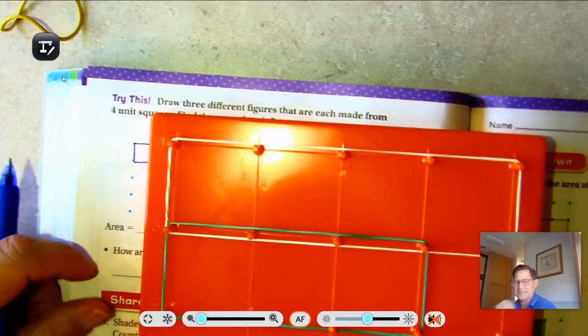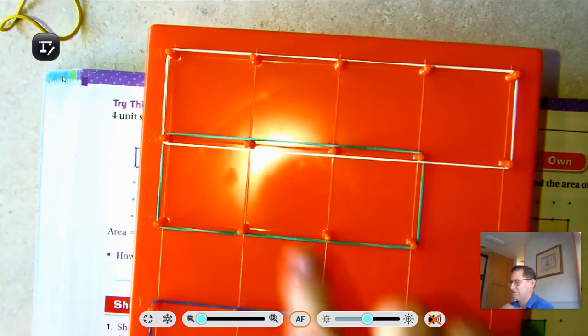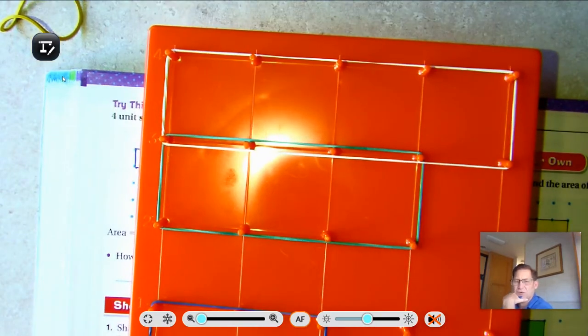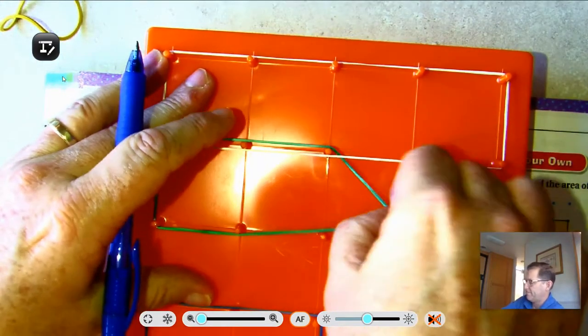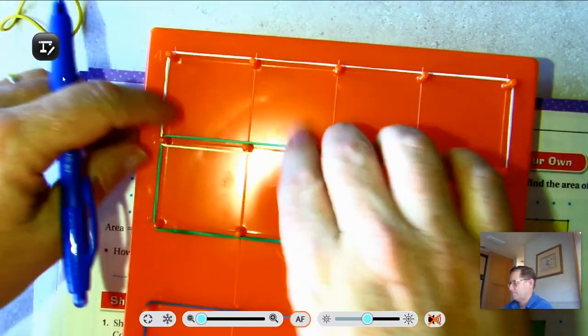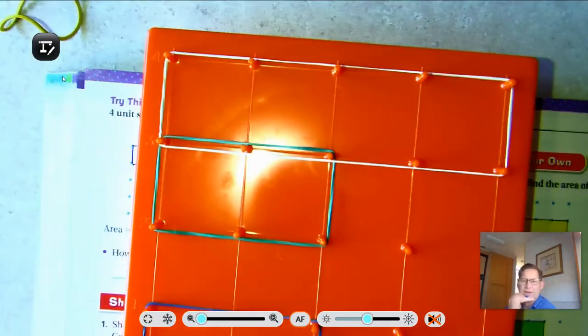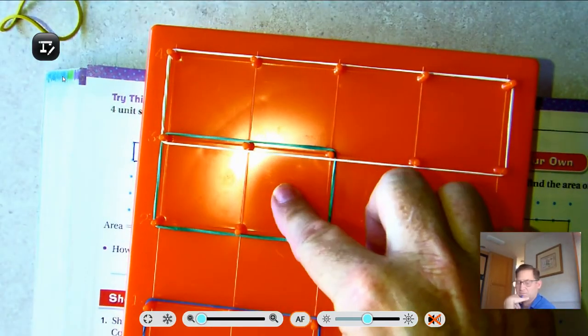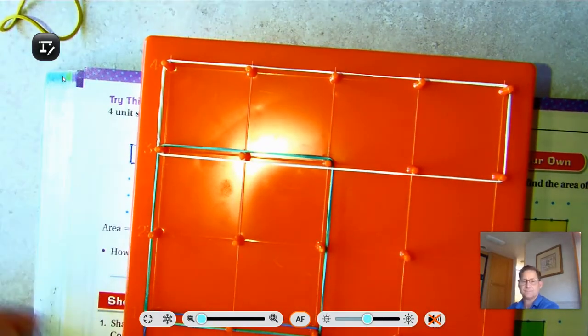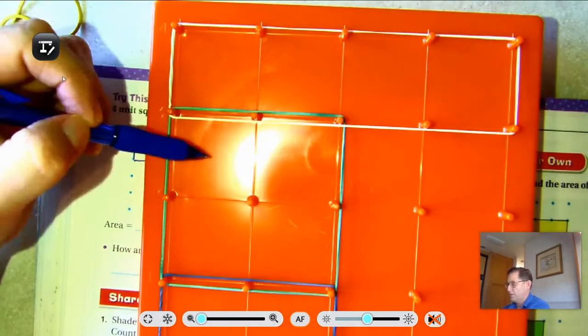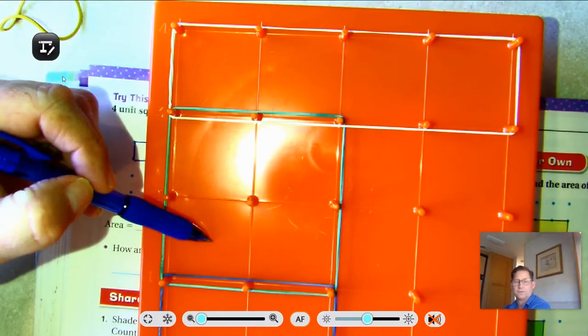Let's look back now at these. Is there a way of changing this green one so it has an area of 4 without making it the same as this one? We need 4 squares. Well, here's 2. What happens if we make that? 1, 2, 3, 4.